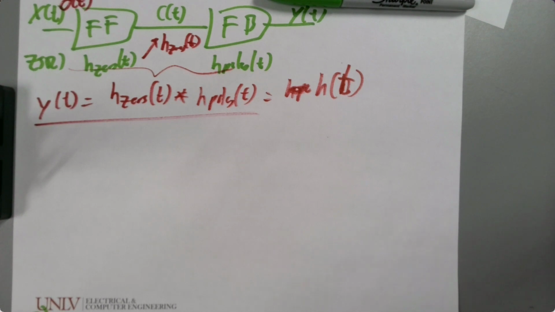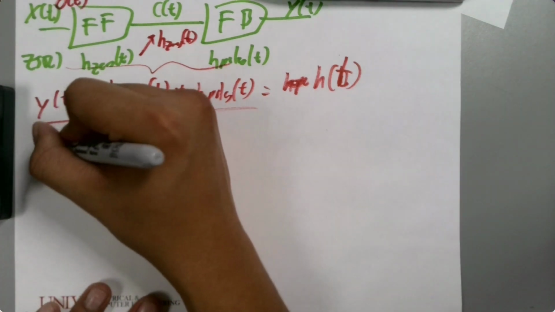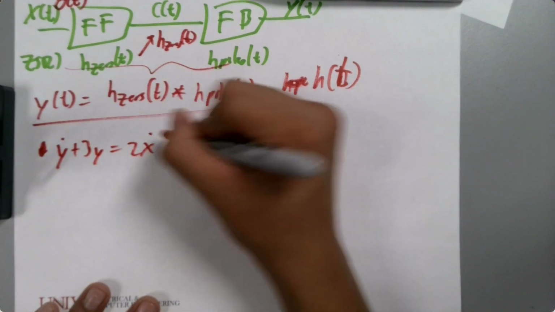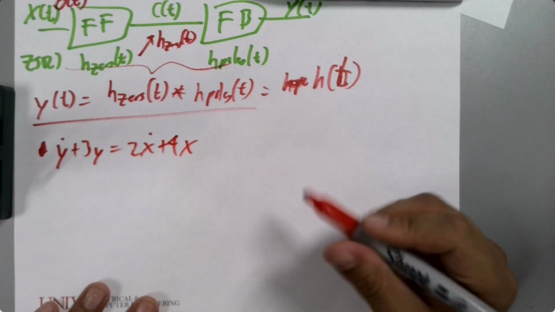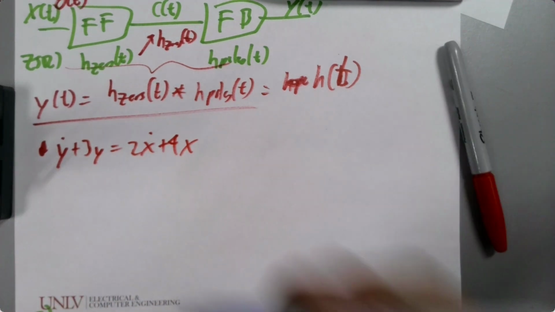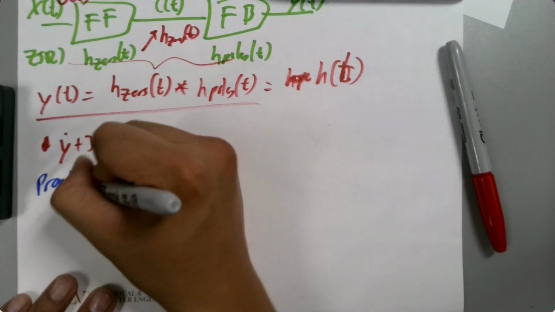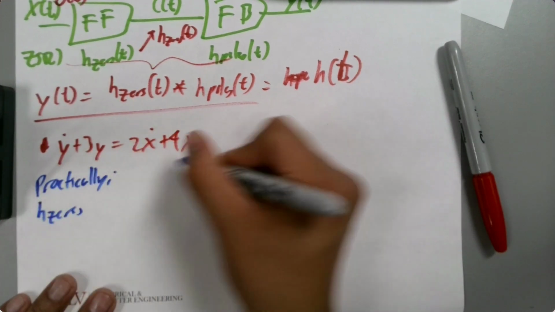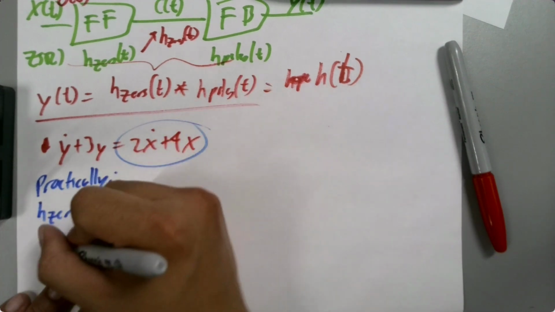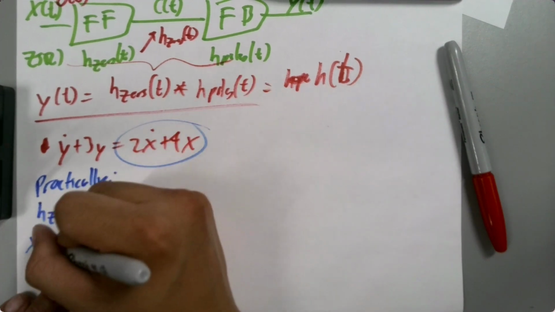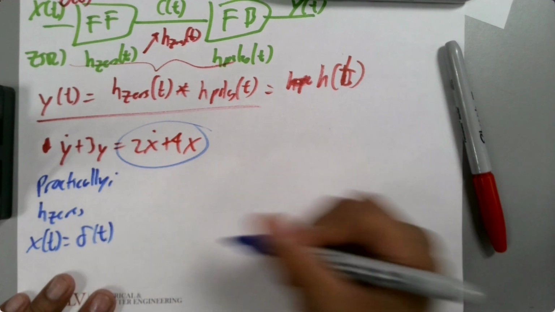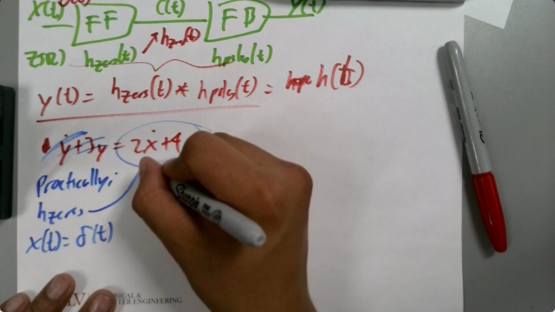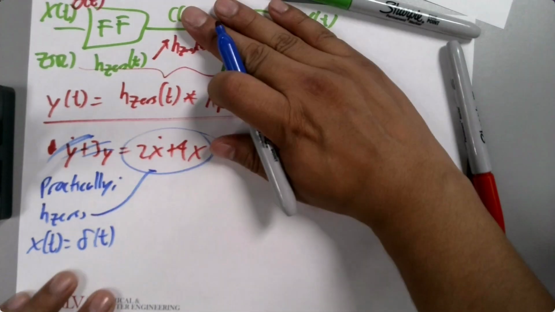So from the quiz, you have, shorthand, y plus 3y is equal to 2x plus 4x, right? Practically, for h of zeros, here's your input, x of t is equal to the delta function. Ignore this, okay? If we're looking for h of zeros, we're looking purely at the feed forward.